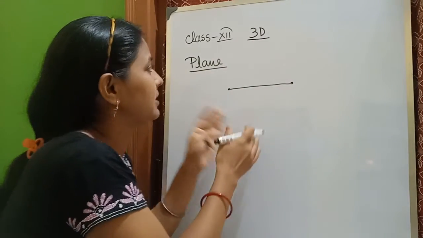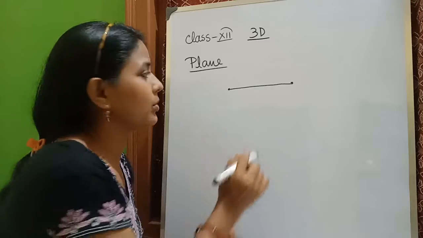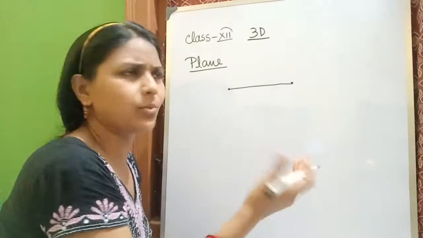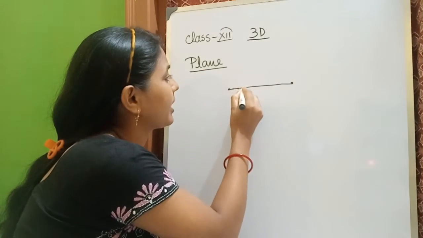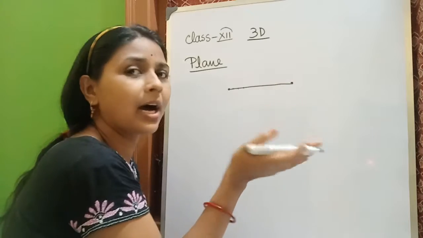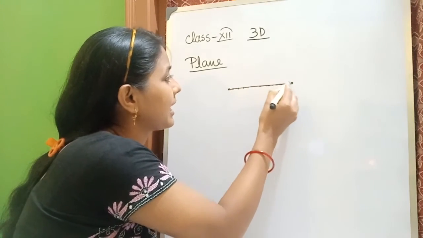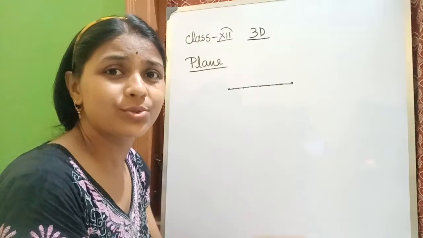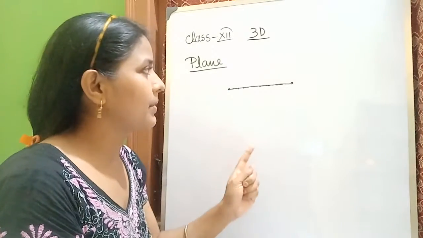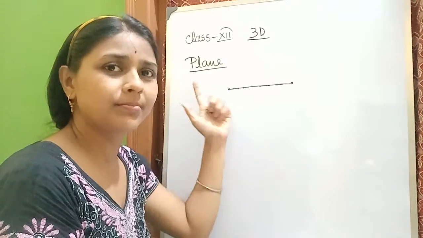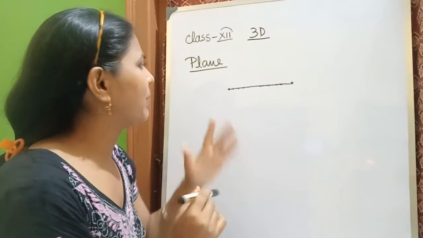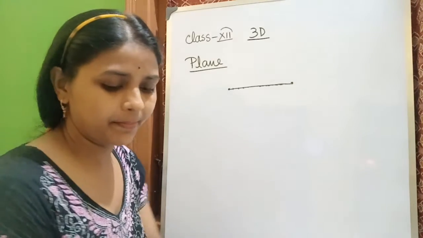Then that surface is called a plane. In other words, if 2 points are on a plane, all points on the line joining those 2 points will obviously lie on the plane. So a plane is basically a surface.